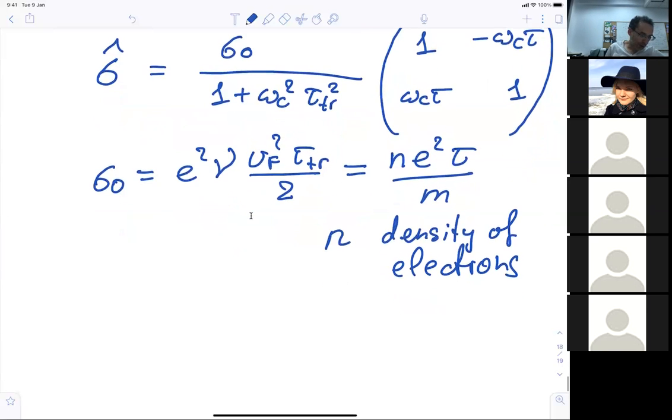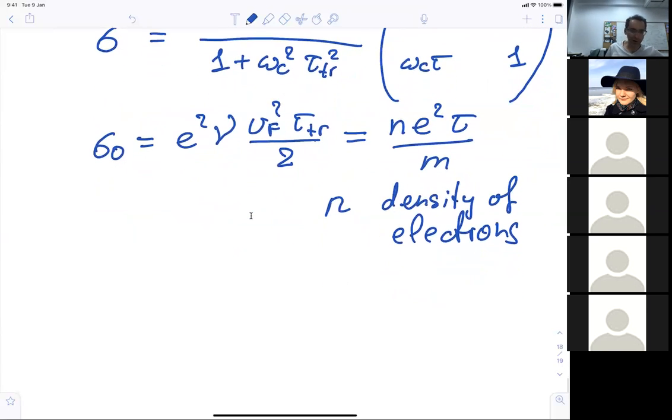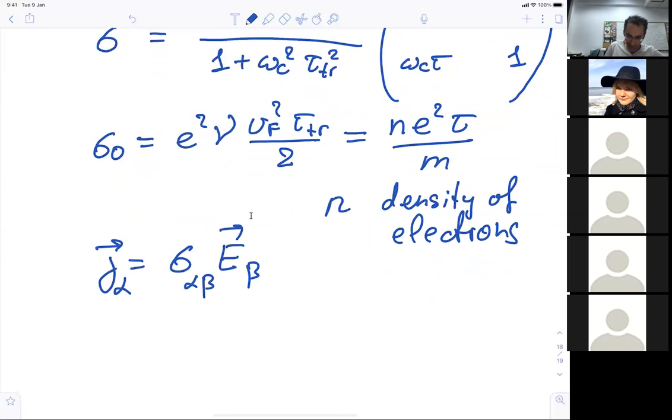Now I can invert this equation. I found that the current as a vector is proportional to the product, J alpha equals sigma alpha beta E beta, summed over beta.